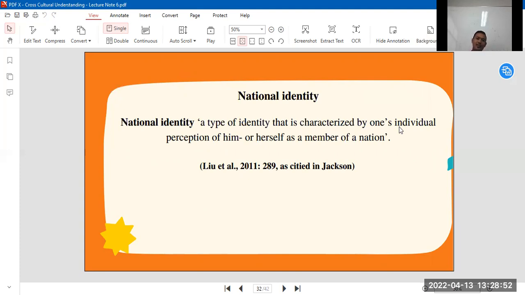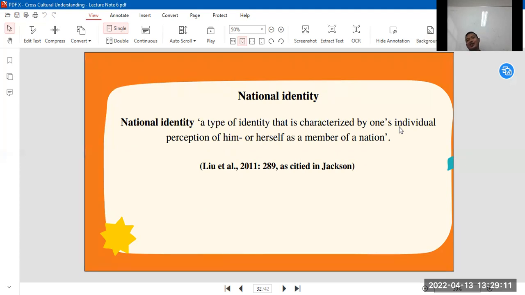And also ethnicity, music, political system, religion. Even verbal and non-verbal symbols may serve as the bond for many nationals.